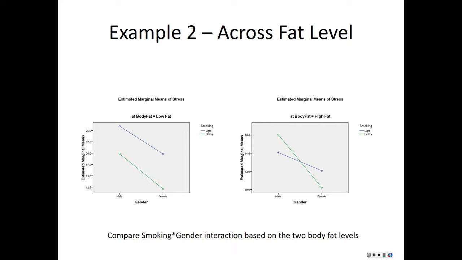Now, if we're going to do the same thing, let's say now across fat level conditions, this is the low-fat condition, you can see these lines are almost parallel. You can see it goes a little lower here for the heavy smoking in the low fat. That's kind of what we were seeing in that other graph.